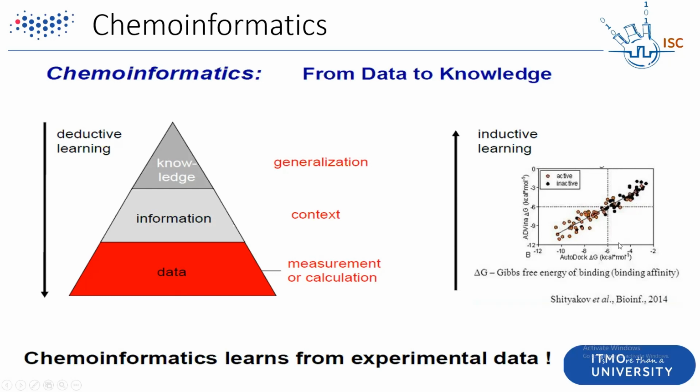So this nicely describes the learning of the chemoinformatics paradigm from data to knowledge. From data to knowledge. And of course, this chemoinformatics theoretical experiment also learns from the real experimental data.